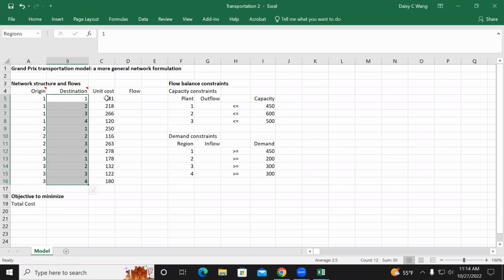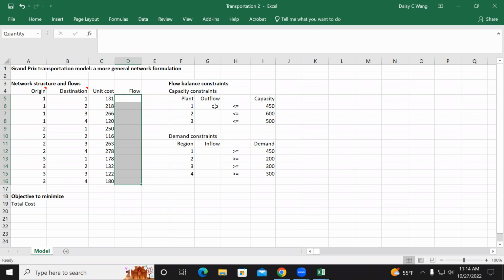And then this will be the cost. This one I just put in flow or quantity. So how many cars we're going to ship? Just put in quantity. Okay.